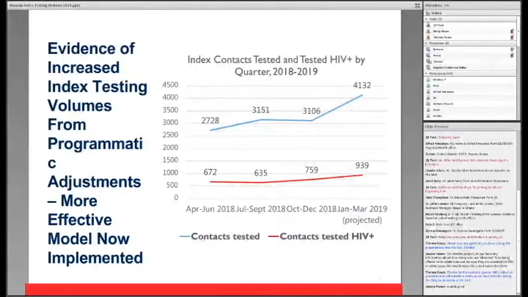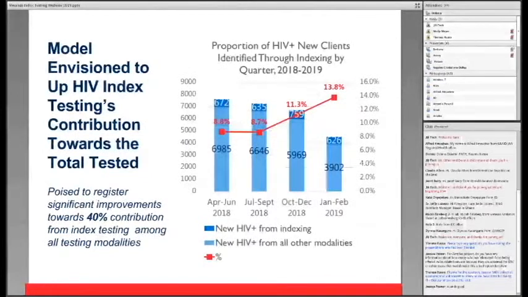Indexed in quotes, because it's not perhaps a conventional way yet, but really to be given an opportunity for index testing on each of them. And we are seeing results already. In most sites, the percentage of people that are tested positive seems to be increasing from the initial findings to what we are actually seeing as more contribution towards HIV indexing.